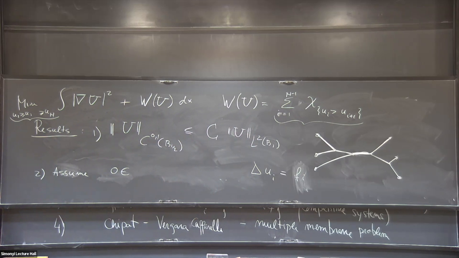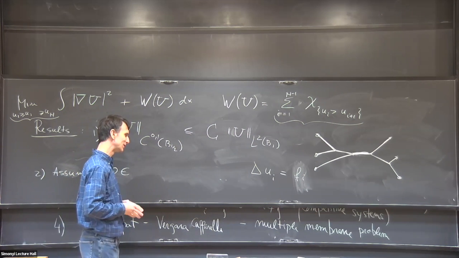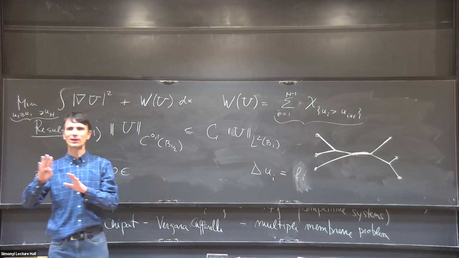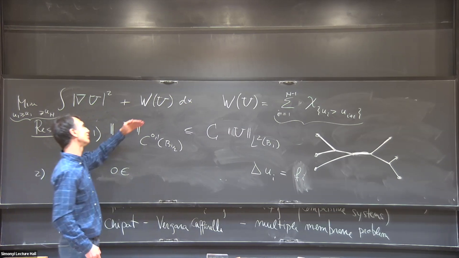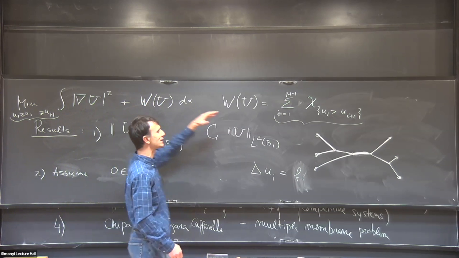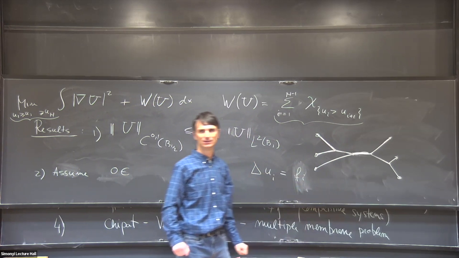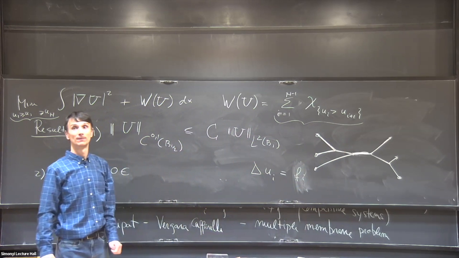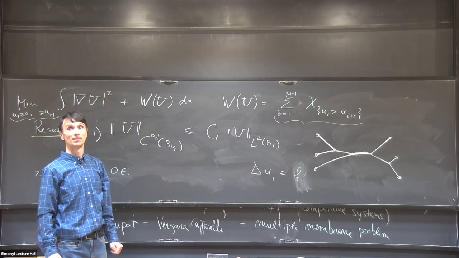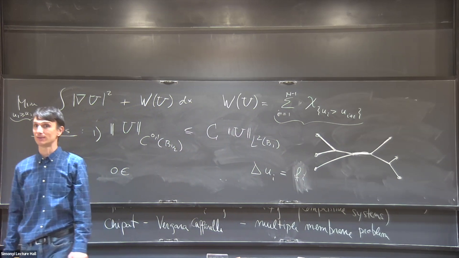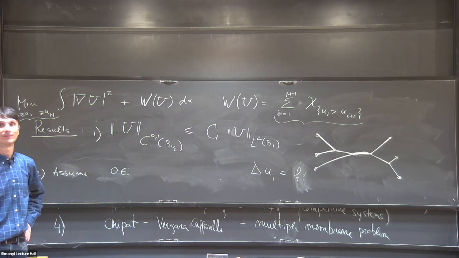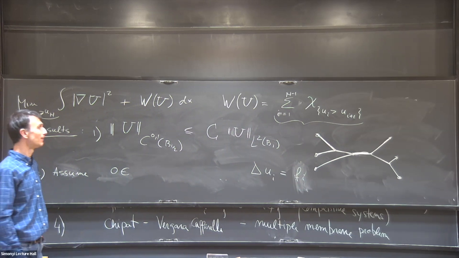Basically, you want to be able to say that when you, under some mild assumption on W of u, you're going to end up with some sort of picture like this. And you also get some angle condition from the stationarity. If you fix the boundary, you get a prescribed angle when you join together.